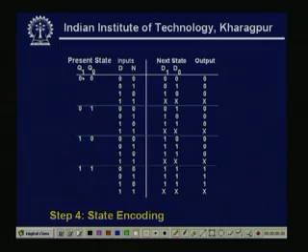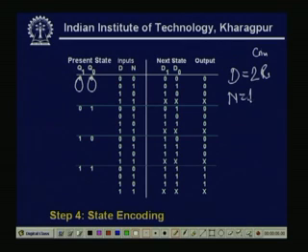So now we do the state encoding table. See, just now I mentioned that the present state is 00. Then the inputs are 1 rupee coin or 2 rupee coin, where D means 2 rupees coin and N means 1 rupee coin.